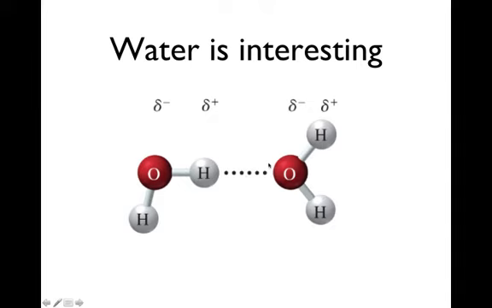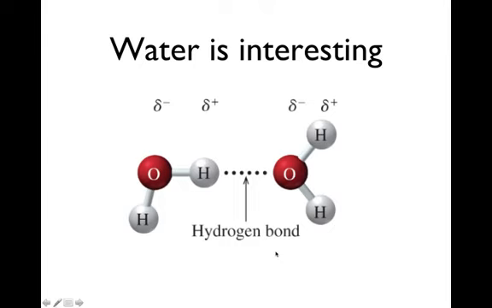And this weak attraction or weak interaction is called a hydrogen bond. This is the third type of bond that we're introducing in this chapter. So a hydrogen bond is basically caused by the attraction of atoms that have partial electrical charges associated with them. And hydrogen bonds are actually very important in biology and medicine.